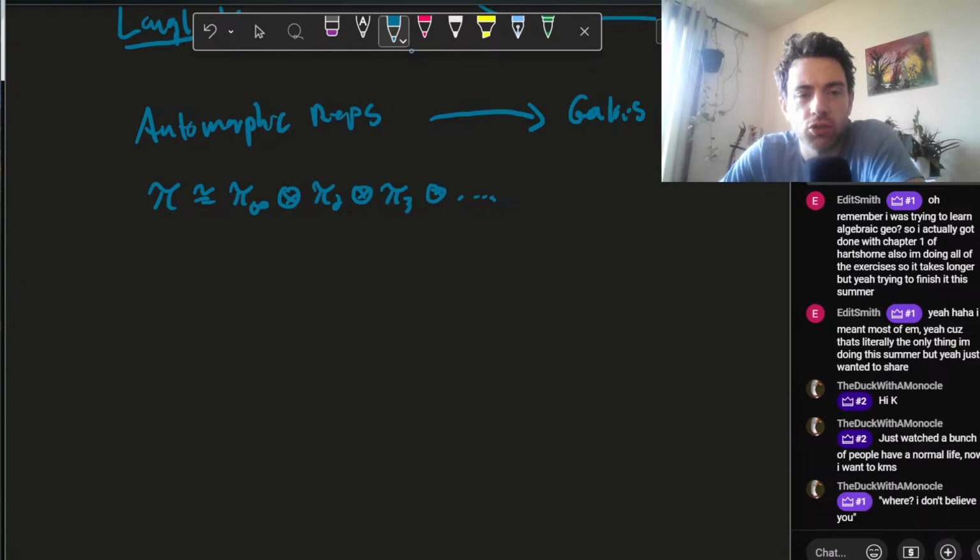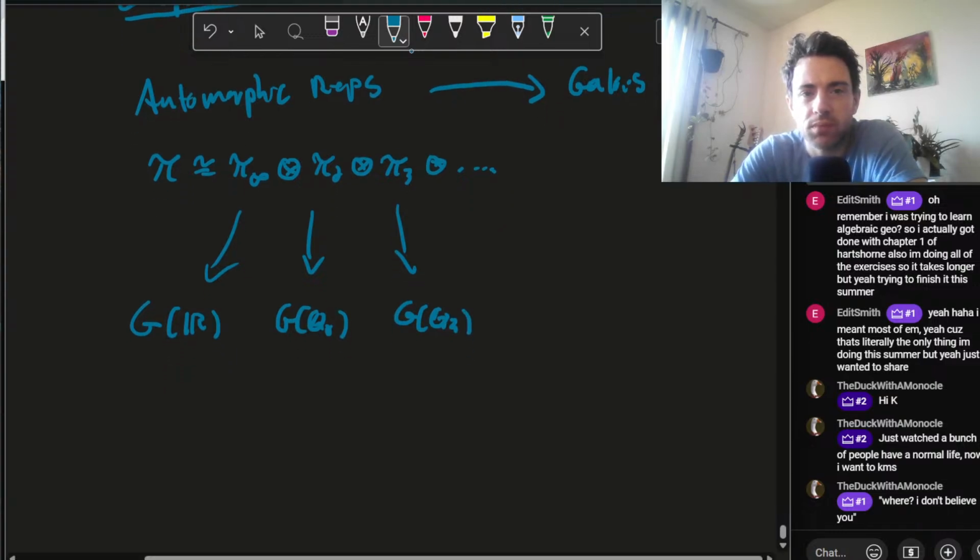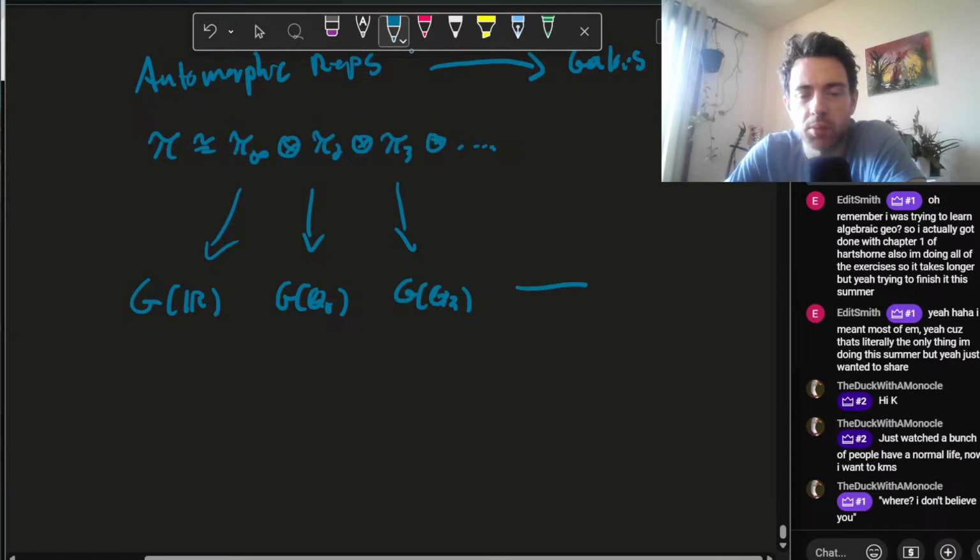And so one maybe hopes that we could break this into a bunch of smaller Langlands correspondences for each of these groups over these local fields, where each of these have their own mappings to Galois groups over the local fields.